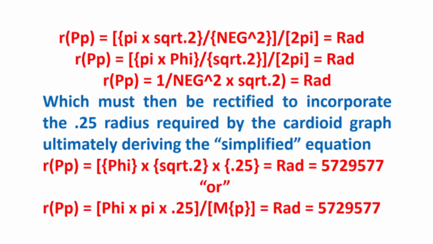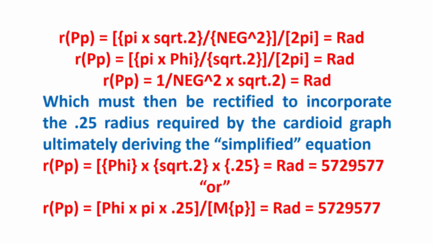The actual physical radius of the Planck particles is 5.7297 times 10 to the negative 35 meters, giving the photon radius a value of 17.1886, or 3 times rad. The radius equation for the Planck particles initially demonstrates that pi times square root 2 over neg squared divided by 2 pi equals 1 rad, which can be simplified to 1 over neg squared times square root 2.